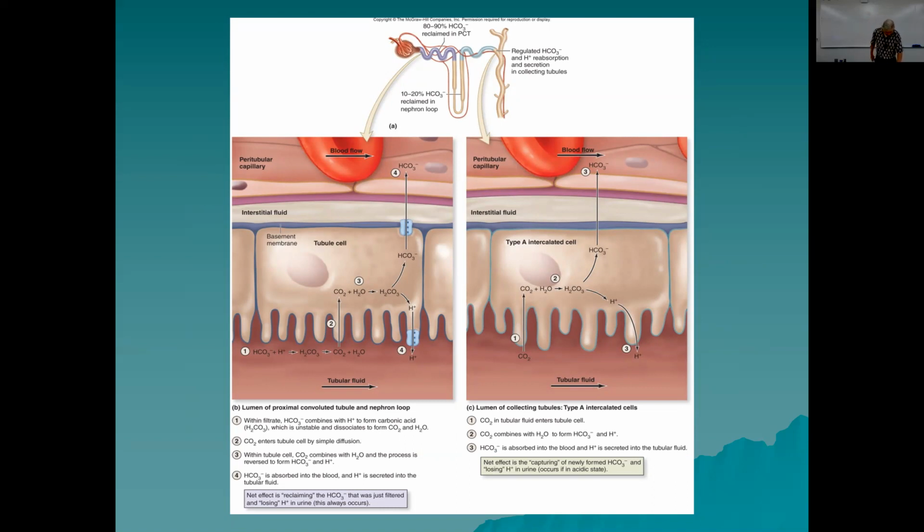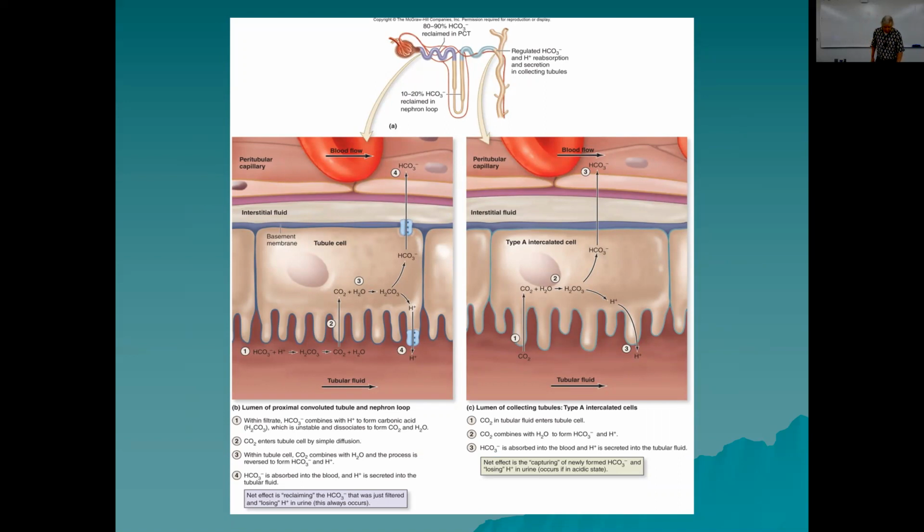As you can see, there's bicarbonate and hydrogen ion in the filtrate. They combine to form carbonic acid, and that breaks up into CO2 and H2O. The CO2 is absorbed, diffusing across the tubular cell in the PCT and nephron loop.